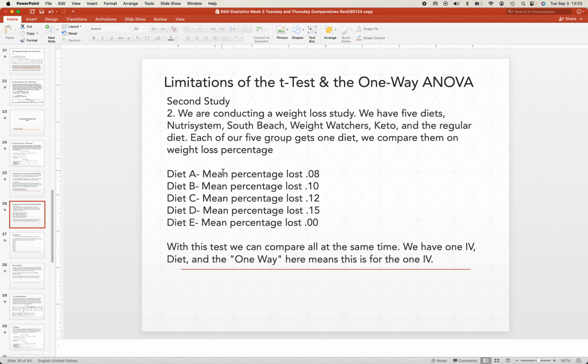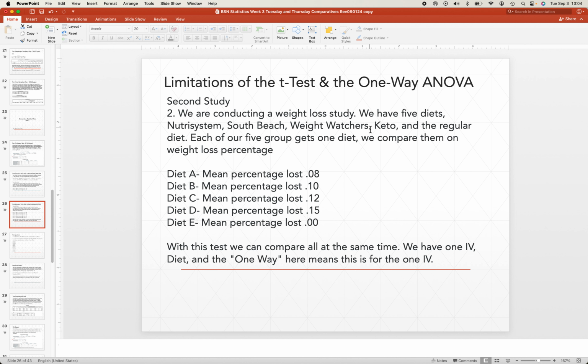But imagine this. We have kind of a hunch that maybe the keto diet, you lose a lot of weight the first month, and then you taper off and you don't lose much. And I'm not saying this is true or not. I'm just using this as an example. Supposing we have that hunch. Whereas we think diets like South Beach and Weight Watchers, a person gets on it, they kind of start to develop some consistency in their diet.